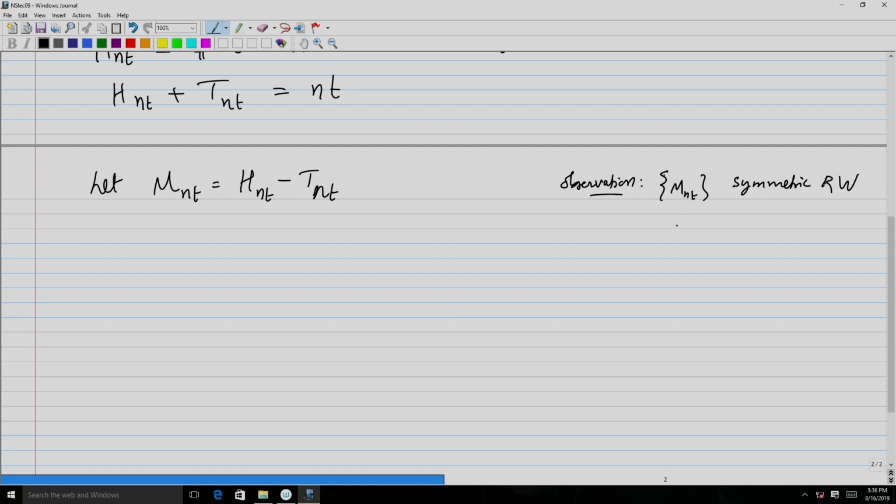People who do not know what this is, it is another simple stochastic process, but we do not need that as such; we just need this to be some quantity.